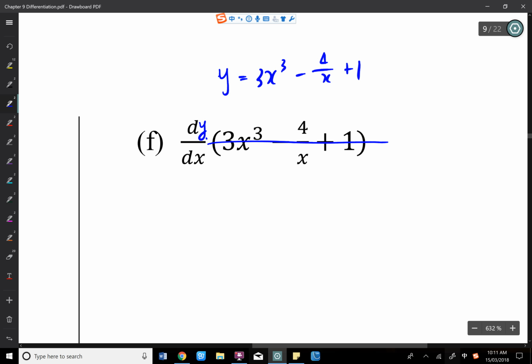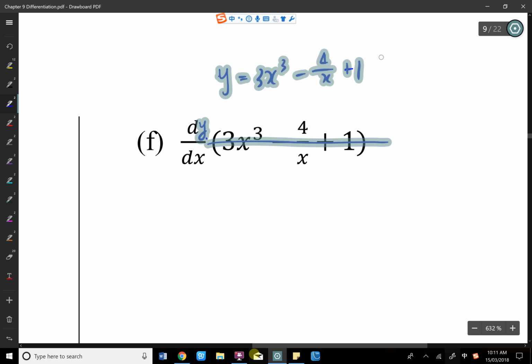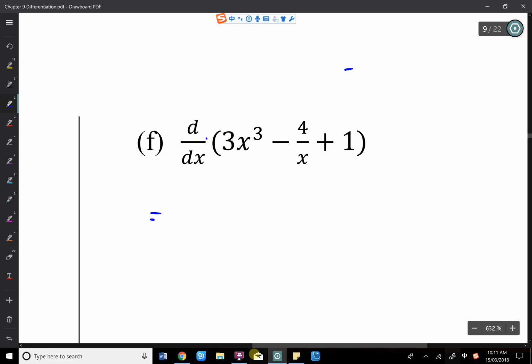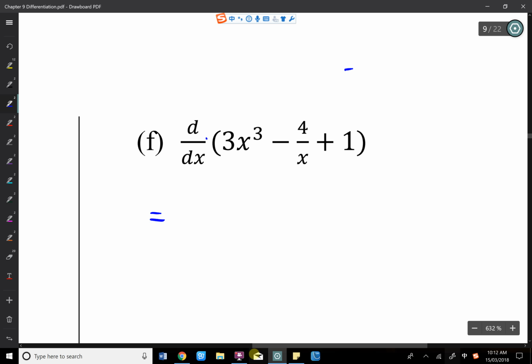So this asks you to derive the thing in the bracket. This notation means derive the inside. So it already means the derivative of that, so we can directly write an equal sign here. That equals, this is the derivative of this. The whole thing means the derivative of the thing in the bracket. So we have 4 over x.